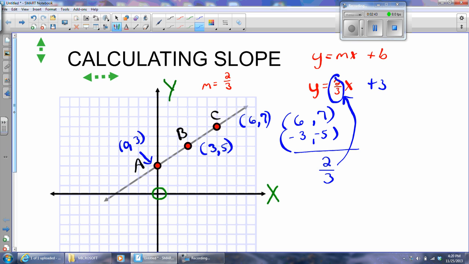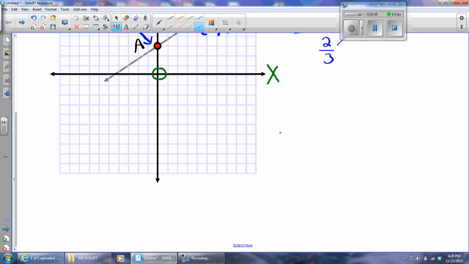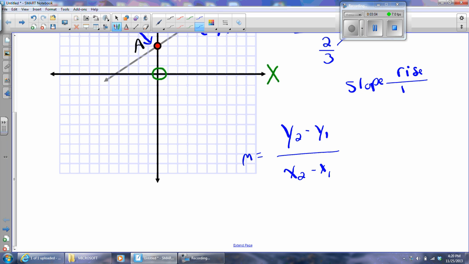All I have to do is subtract my y's, subtract my x's, and then the y's rise to the top. Because slope, as we know, is the rise over the run, correct? So I subtract my y's, I subtract my x's, and the y's rise to the top.